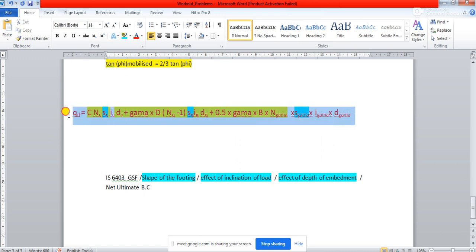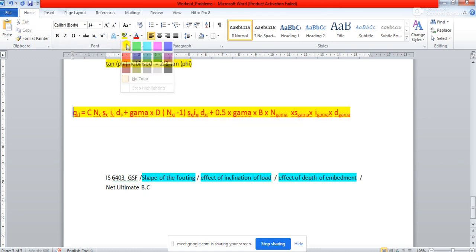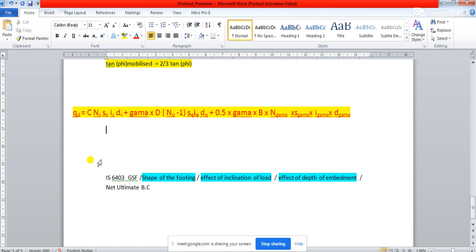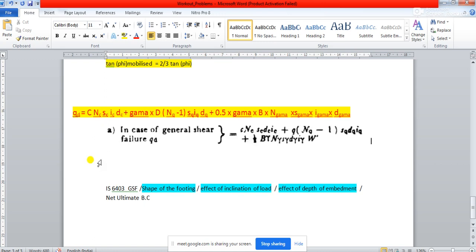So if you observe this equation now, in the Indian Standard Code you are going to get exactly the same form. In case of general shear failure, I am just bringing this equation in front of you in this Word document. You notice this is the same equation. We'll come to this W D dash factor later. Okay, first forget about this W D dash and see whether we have written this equation in the correct form of the Indian Standard Code or not.